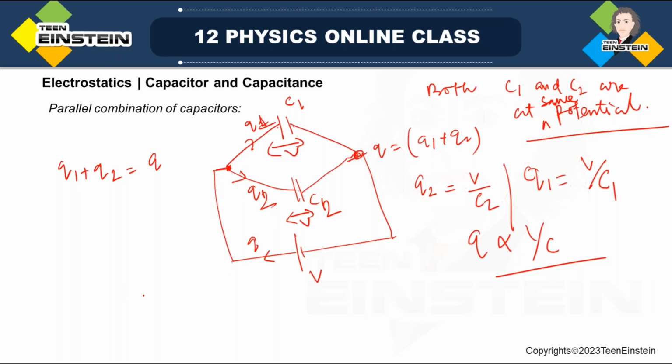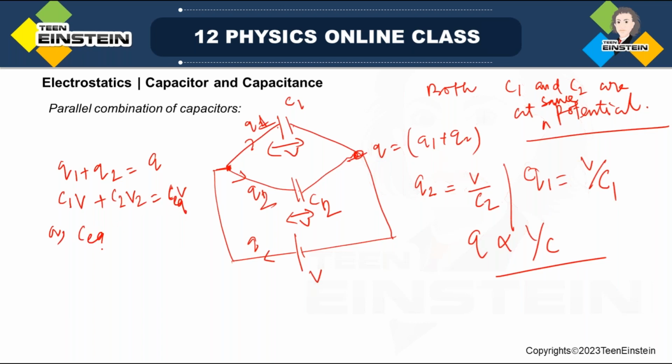So in this case, Q1 plus Q2 is equal to this. Let us write it here itself. So from here we can see, I am writing directly the equivalent capacitance also.